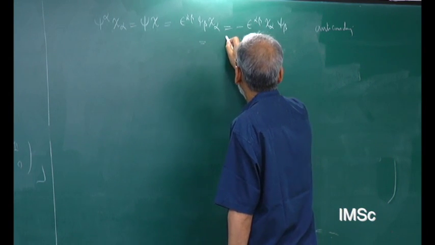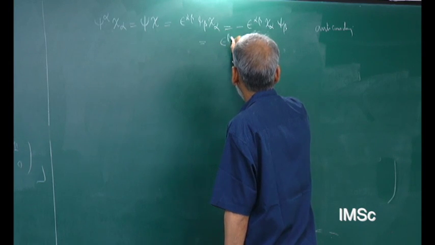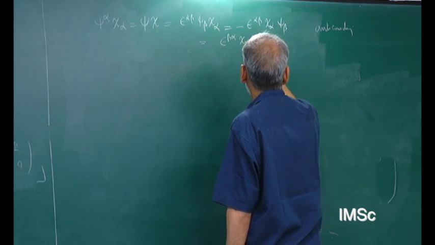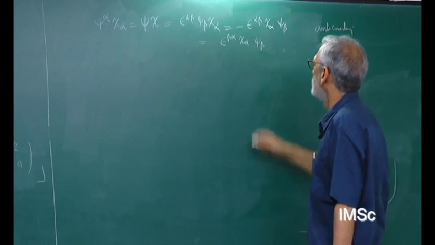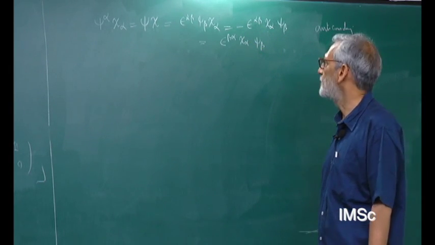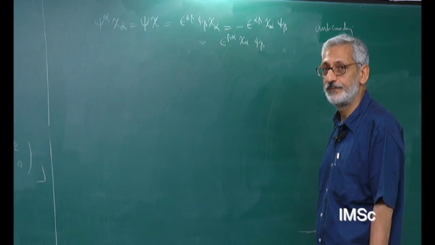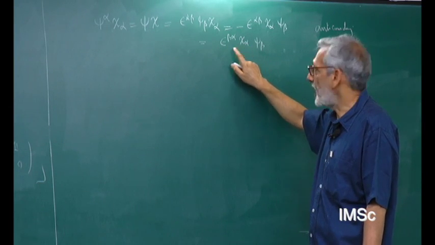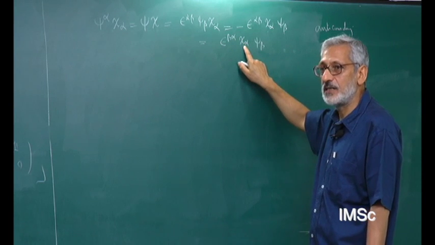Now, write this as epsilon beta alpha chi alpha psi beta. Interchange the alpha beta index, that takes this sign out. Now, this is the rule of raising for us, epsilon beta alpha chi alpha. This is chi up.